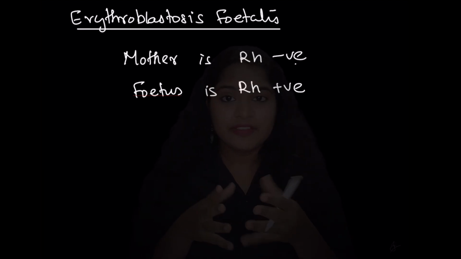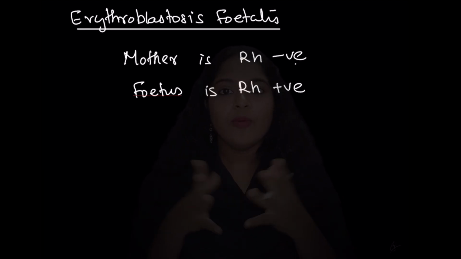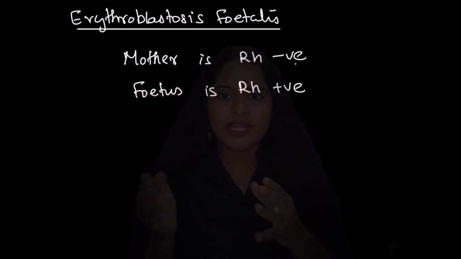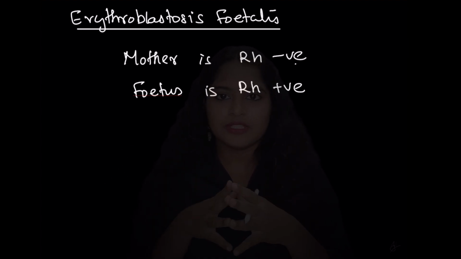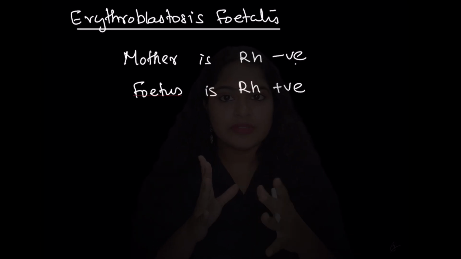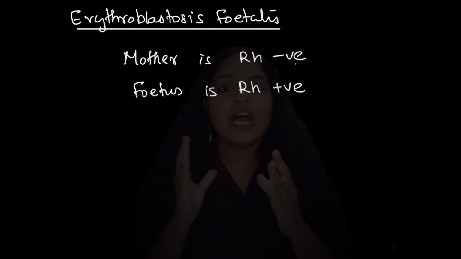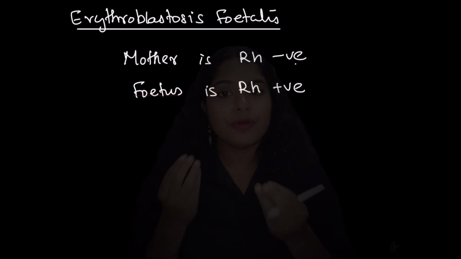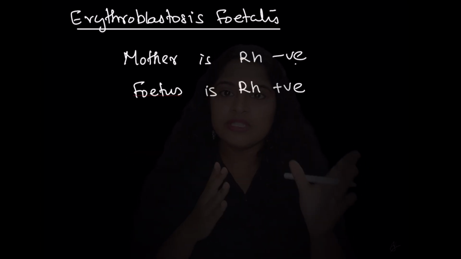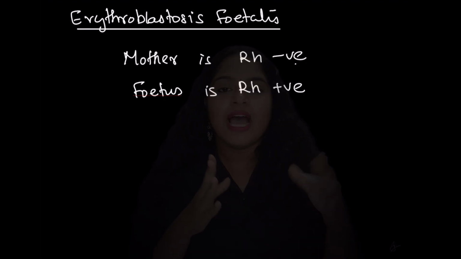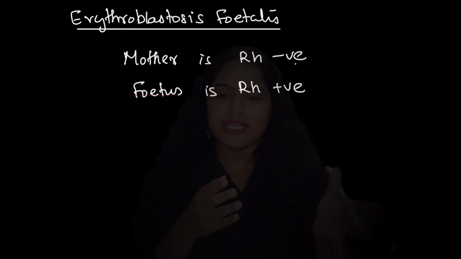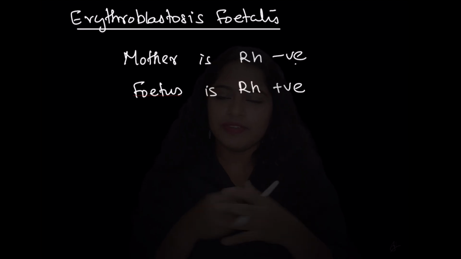But afterwards, in the second pregnancy, what happens? This was a primary immune response created by our body, and that was a very mild response. Now when the mother is next time pregnant with an RH positive child, what will happen? Our memory cells produced in our body will detect the RH antigen and they will cross the placenta, go to the fetus and either destroy the fetus or cause severe jaundice or anemia in the growing fetus.